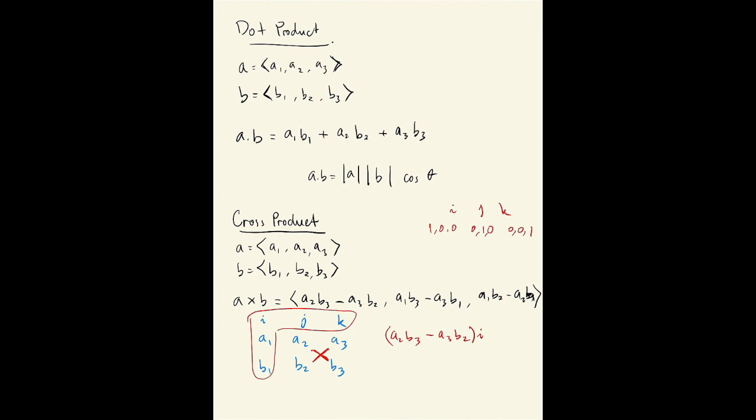And similarly, if you want to see the y, so j, see here, j and a2, b2 here. So a1, b3 minus a3, b1. Also the k, the z-axis, it will be a1, b2 minus a2, b1. Oh yeah, this will be minus.